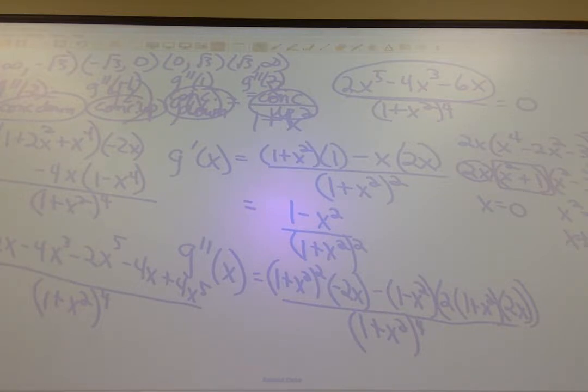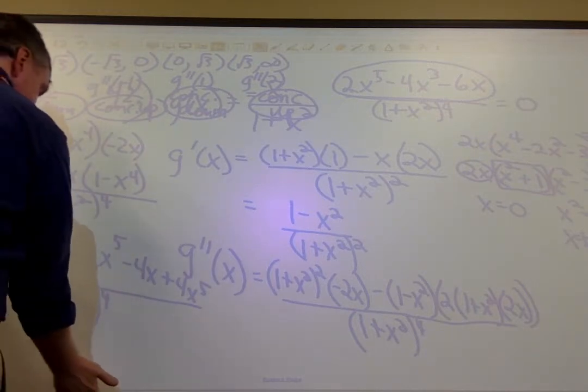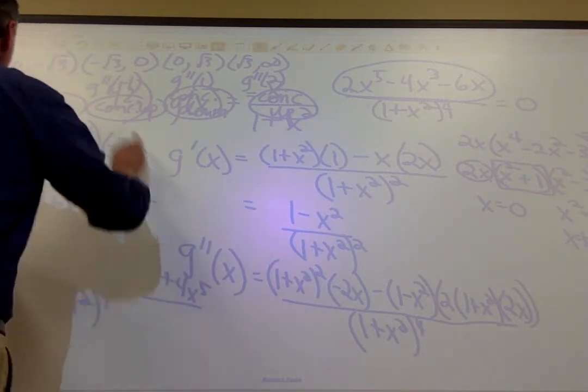Let's see. So you see how they could get sort of hairy there, but we got a good result. Turn to 280. On 280, look at what the question is. Find the inflection points, if any, of each function.